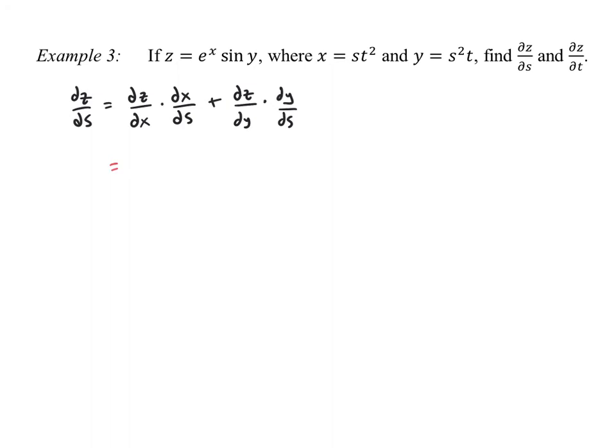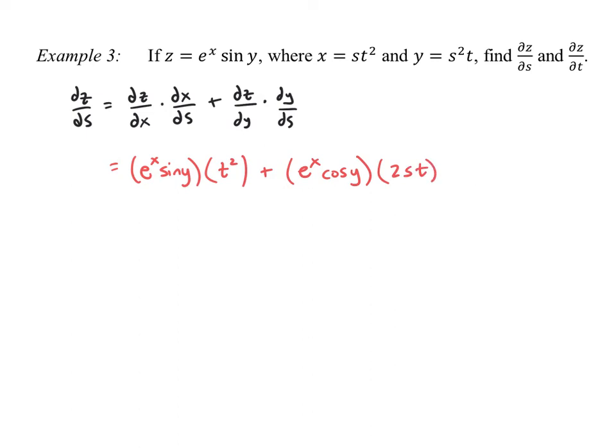The derivative of z with respect to x would be e to the x sine of y, and the derivative of x with respect to s would be t squared. Then the derivative of z with respect to y would be e to the x cosine of y, and we would then multiply by the derivative of y with respect to s, which is 2st.